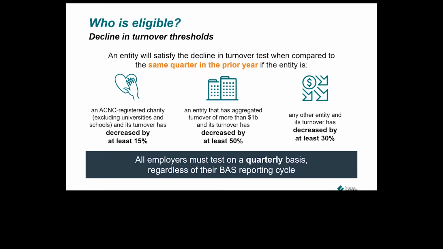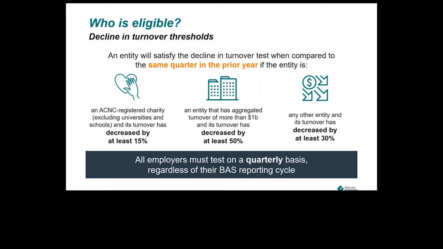What has changed is the testing period, and we'll come to the specific periods in a moment, but effectively the test moving forward will be done on a quarterly basis by comparing the turnover in relevant quarters. It will no longer be possible to test on the basis of monthly turnover, which was one of the options that was available under JobKeeper 1.0.